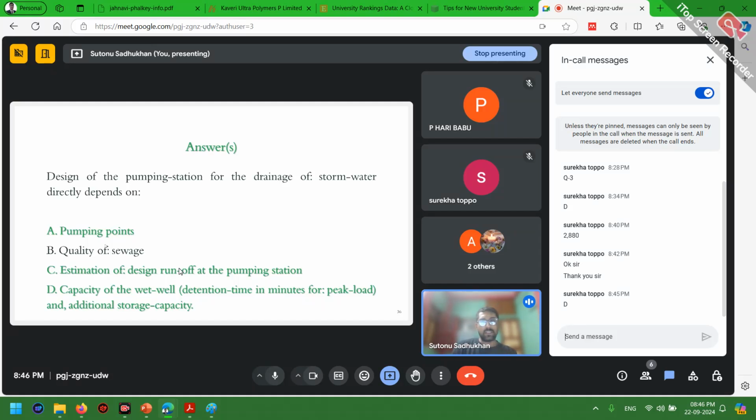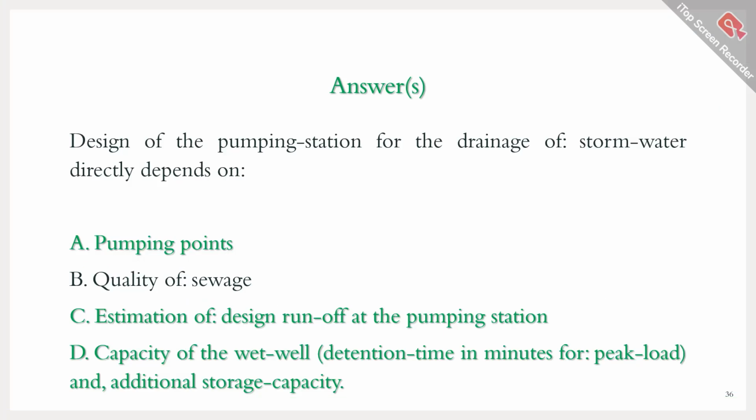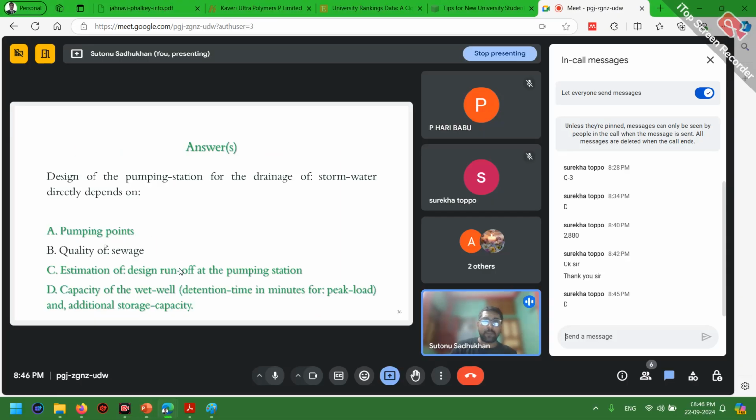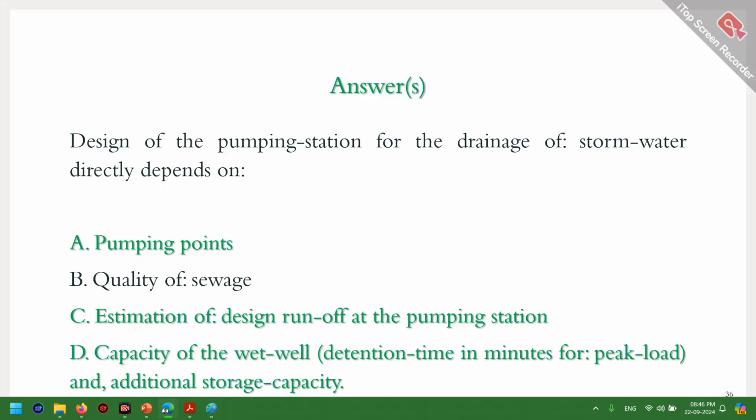But as it is not, only the pumping points, the estimation of design runoff for the pumping station, and the total capacity of the wet well, these three are considered. The quality of sewage is not considered. It is clear. Now we'll move on to our next MCQ.